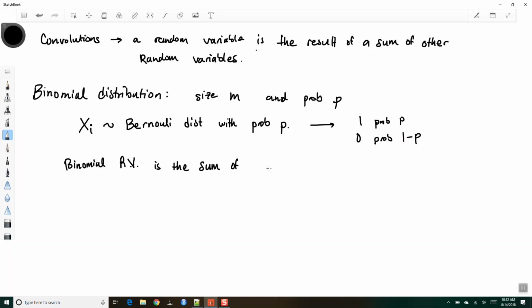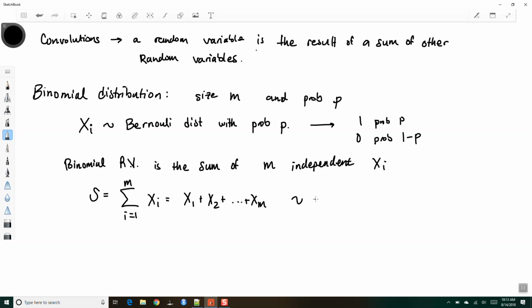of m independent x sub i's, right? So we would have S is equal to the sum from i equals 1 to m of x sub i, which will be x1 plus x2 plus dot dot dot up through xm, which will be binomial m and p, okay?